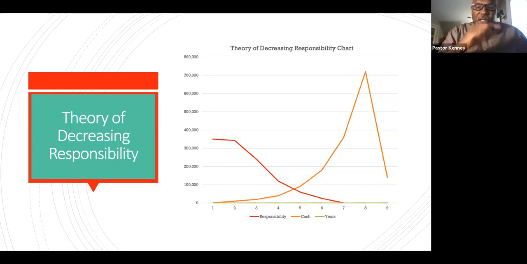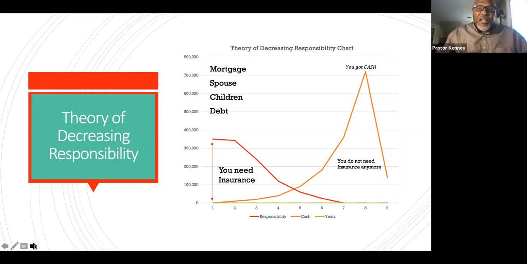The other line shows your liabilities, your responsibilities. That's why we call it the theory of decreasing responsibility, because let me just show you the next slide here. Here we go. Because this is how life works.